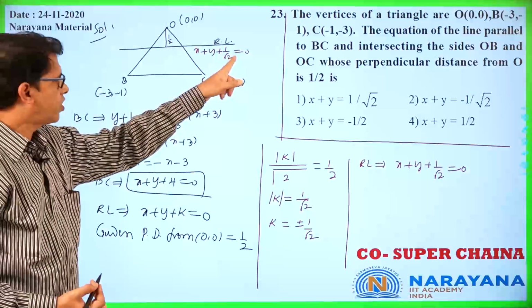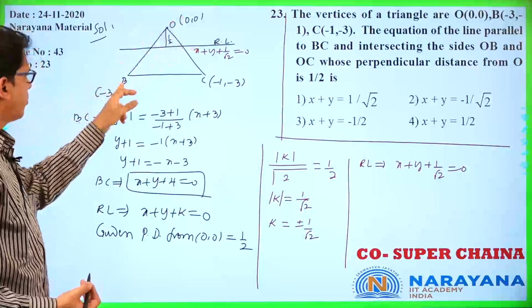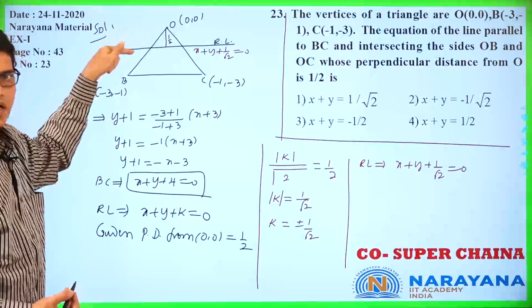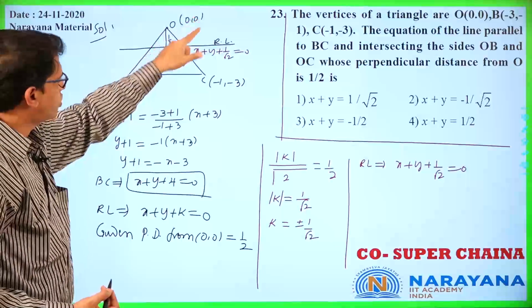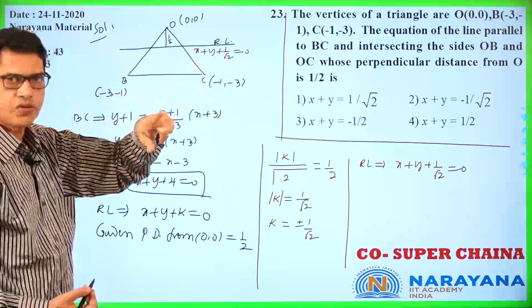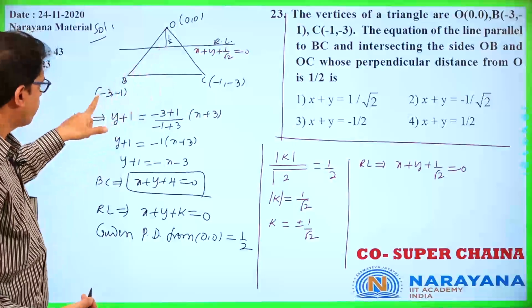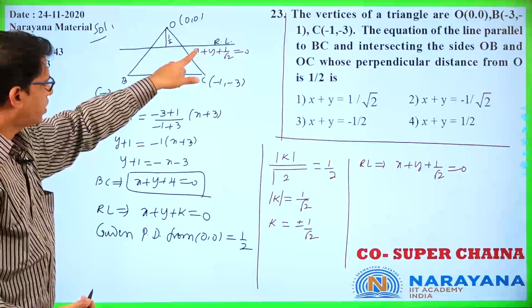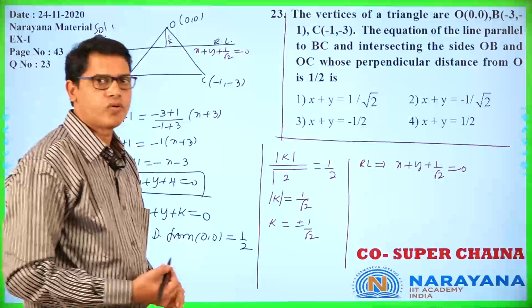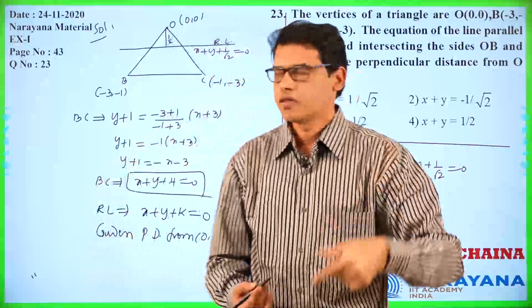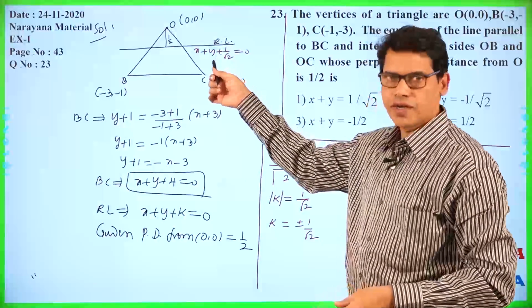If you take plus 1 by root 2, then O and B must lie on opposite sides. Opposite side means they must have opposite signs. If you substitute 0, 0, you get 1 by root 2, positive. For minus 3, minus 1, you get minus, a negative symbol. So if you take plus 1 by root 2, I am getting opposite symbols. Therefore, this is the right one.